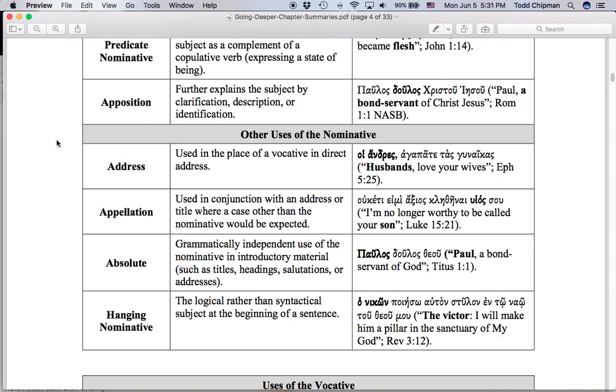Ho nikon poiso auton stylon en to nao tou theou mou. The victor, the one conquering, I will make him. You can see auton here relates back to nikon, and this nikon is independent of poiso, and yet it's somewhat related. It's the logical subject. This one will be made into a pillar in the sanctuary of God.